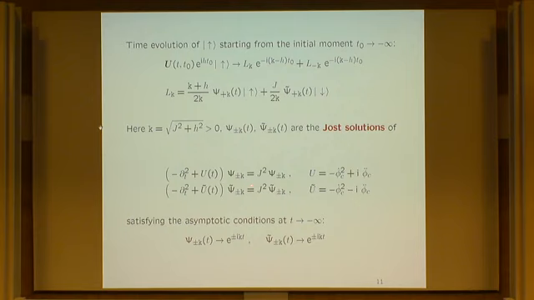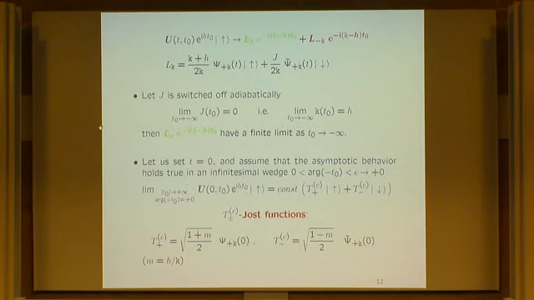Then from this formula you see that k becomes h, and k minus h turns out to be 0. So by assuming adiabatic switching of the interaction, this oscillation disappears. No problem with this. But this should be plus, I'm sorry, k plus h. So these terms will still oscillate, and we need to suppress this.